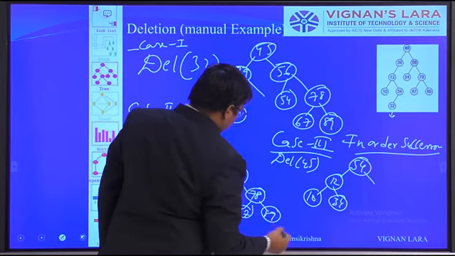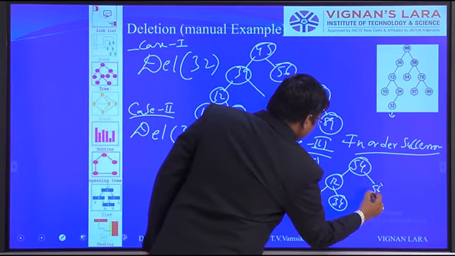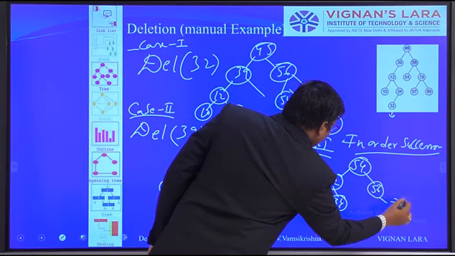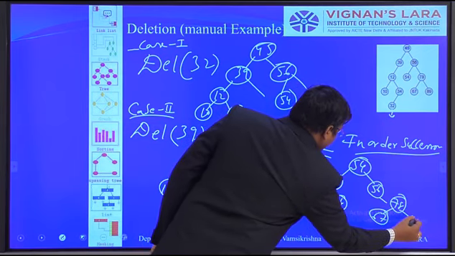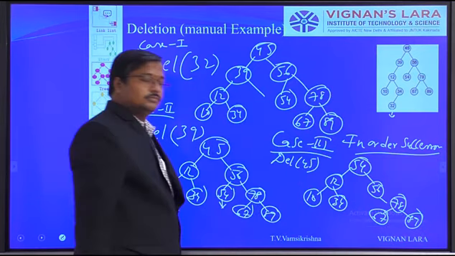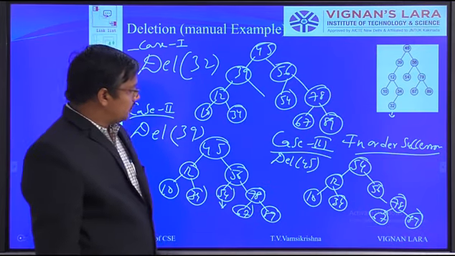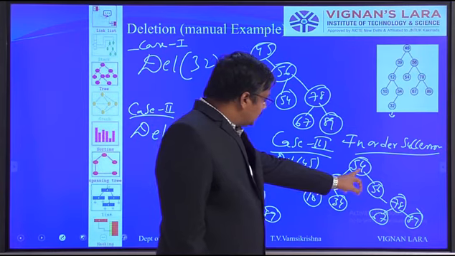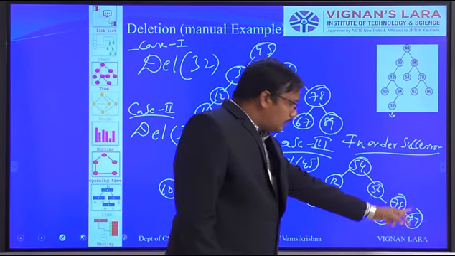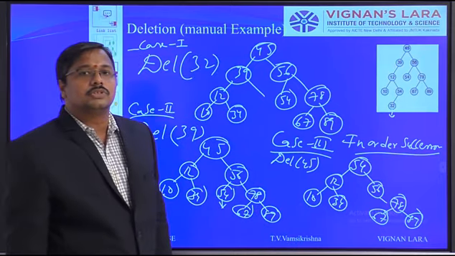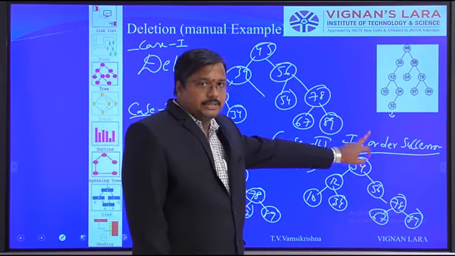Here 56, 78, 67, 89. This is the resultant tree. The resultant tree automatically balanced. Comparatively 54, these are all less elements. Comparatively 54, these are all greater elements. So this is one option in order successor.